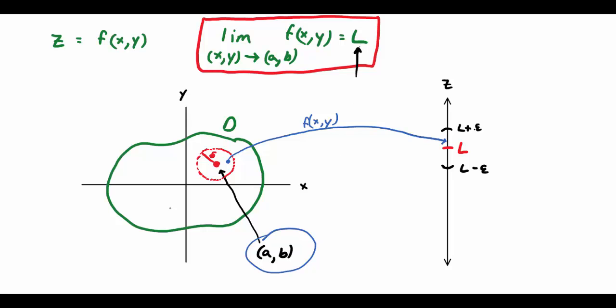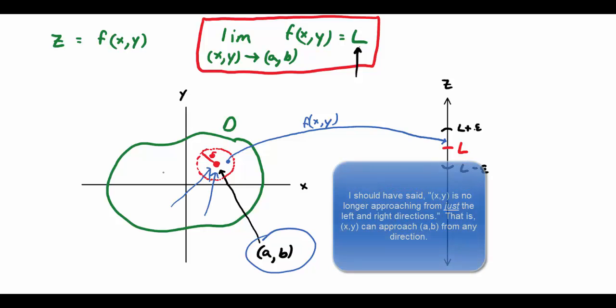Now, one other thing you should notice from this picture is (x, y) can approach (a, b) from any direction, from here, from here, from here. So it's no longer the left and right directions.